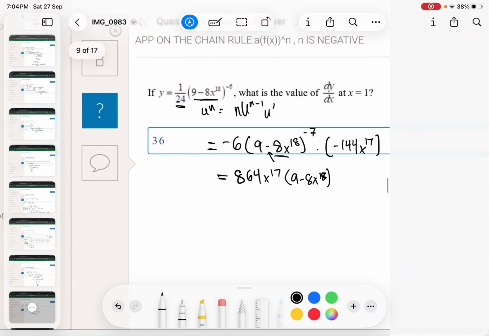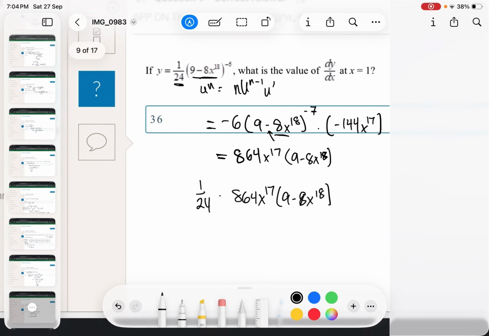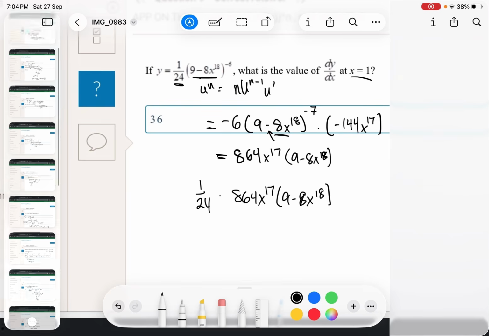Now you got this, and you have the 1 over 24 outside. 1 over 24 times 864 times x to the power of 17 times 9 minus 8x to the power of 18. After getting that, instead of solving it and multiplying by the 1 over 24, they said x equals 1, so just replace x with 1.